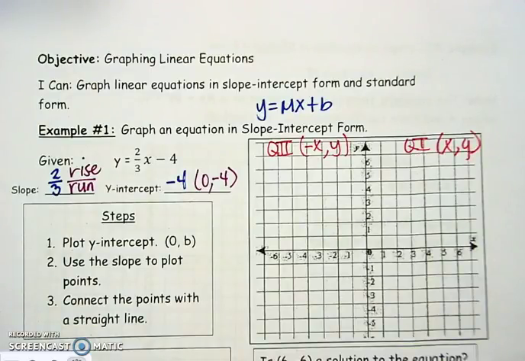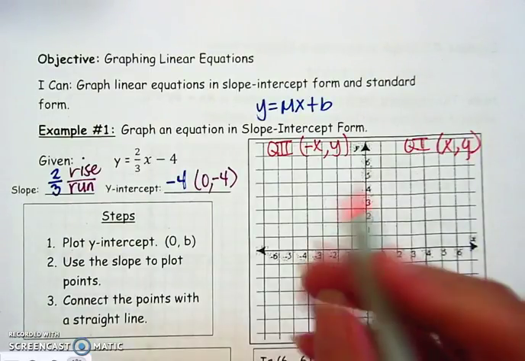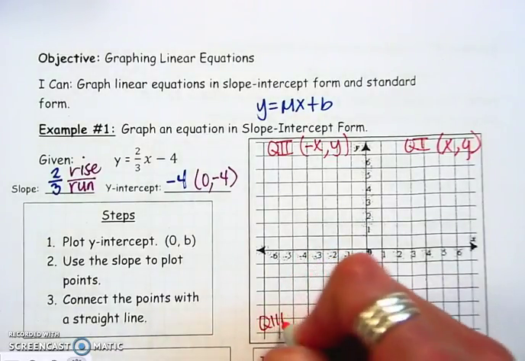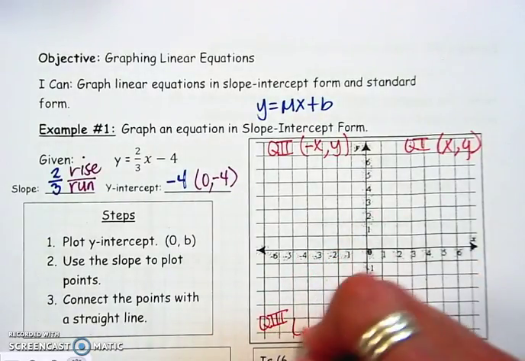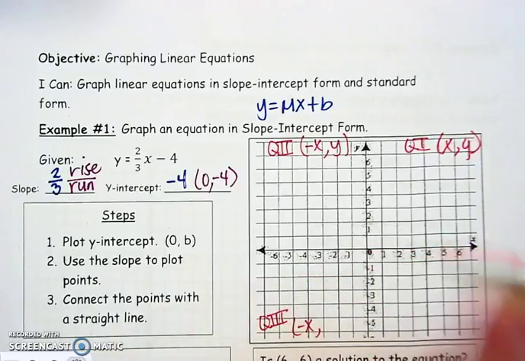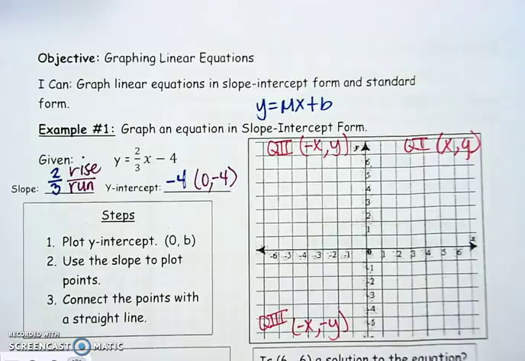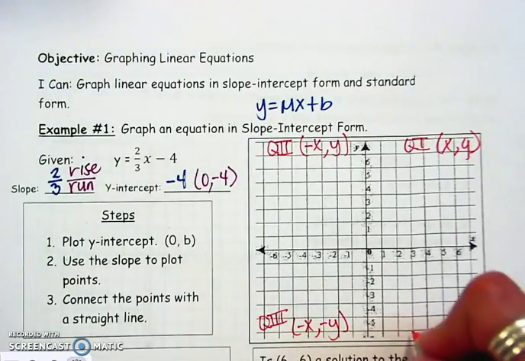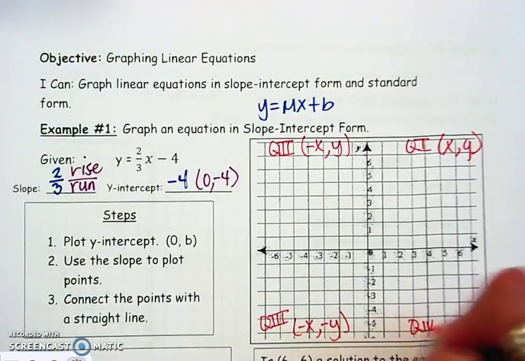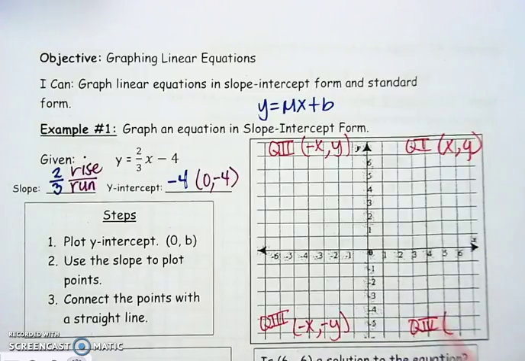Moving down to the lower left quadrant, quadrant 3, the x values are negative and the y values are negative. That last quadrant is quadrant 4. In quadrant 4, our x values are positive and our y values are negative.